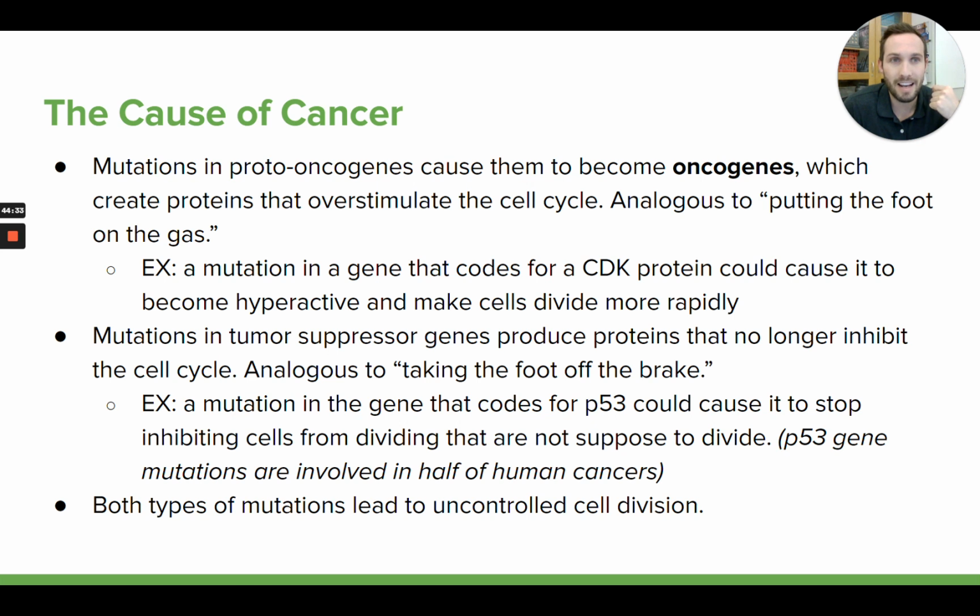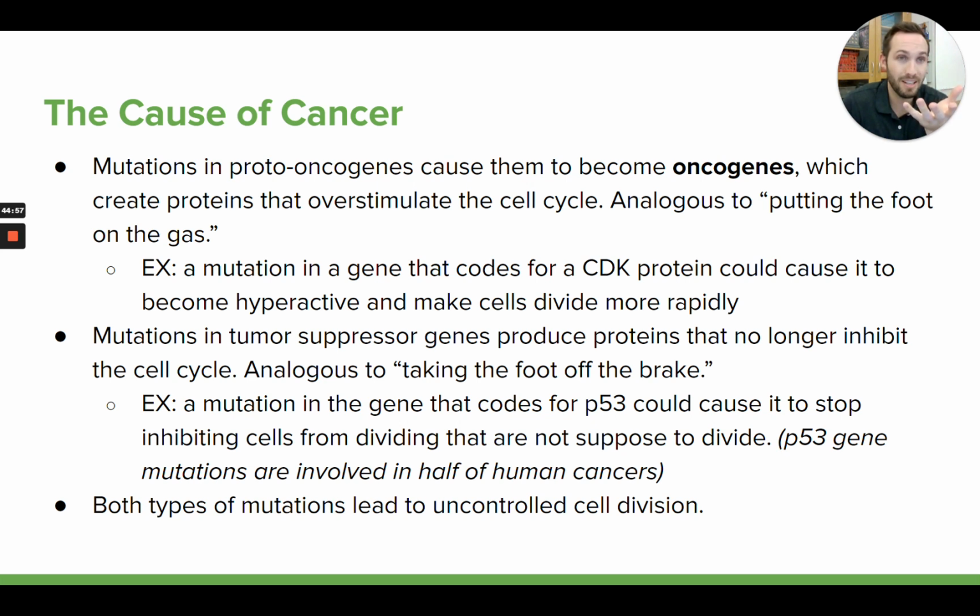And then one more example with a tumor suppressor gene. Tumor suppressor genes make proteins that are supposed to be inhibiting and slowing down the cell cycle. But sometimes you might have a mutation in a tumor suppressor gene that leads to a non-functional protein, so the opposite of hyperactive. This protein is now underactive.